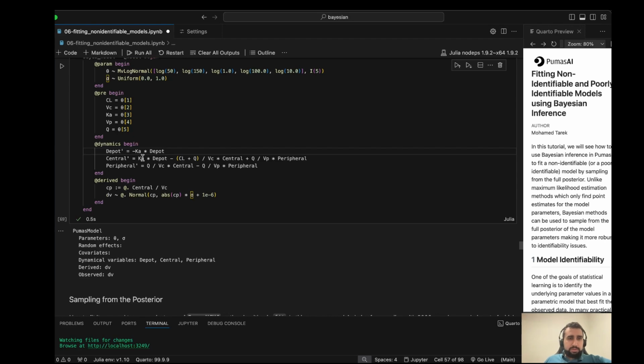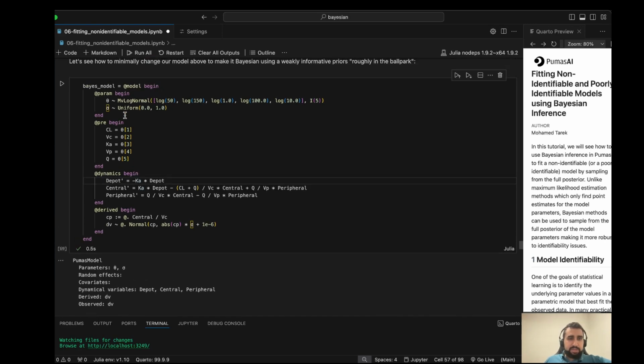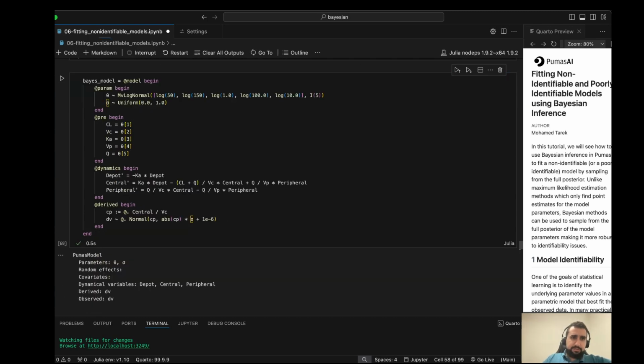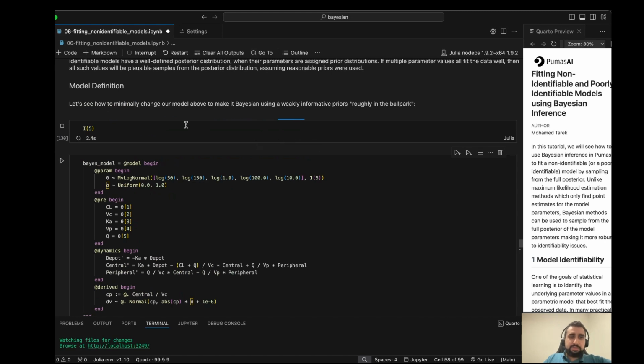Okay, so again, we haven't really made any other changes. We just use the multivariate log normal with the means of the logs. So this is the mean in the log scale, and this is the standard deviation or the covariance matrix in the log scale. I here actually just stands for the identity matrix. So if I do I of 5, that's just the identity matrix of size 5.